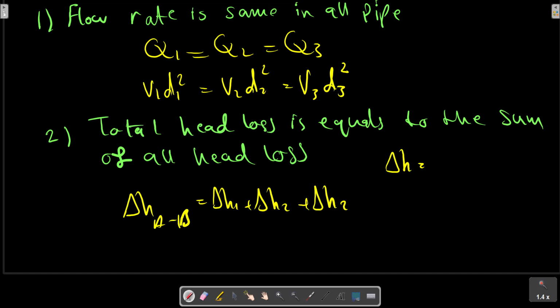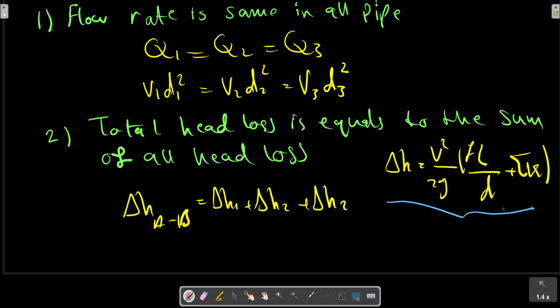We have a relation for delta H as a function of friction factor, V squared over 2g, L over D1, and K, as f L over D. This is the head loss for a pipe, a function of flow properties and geometrical properties.